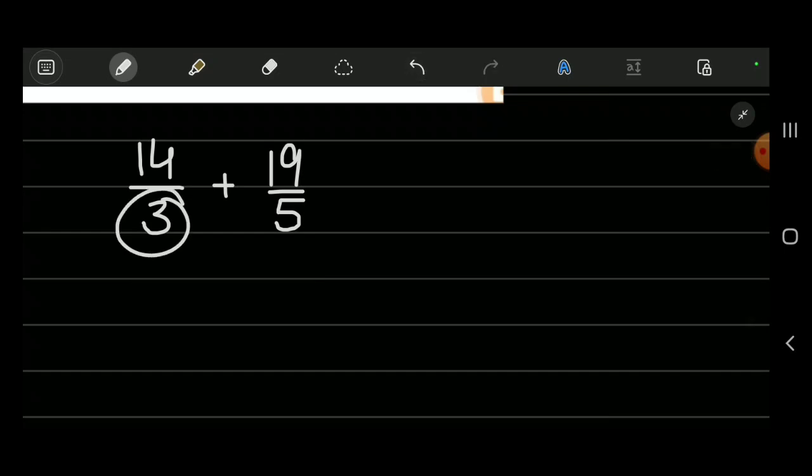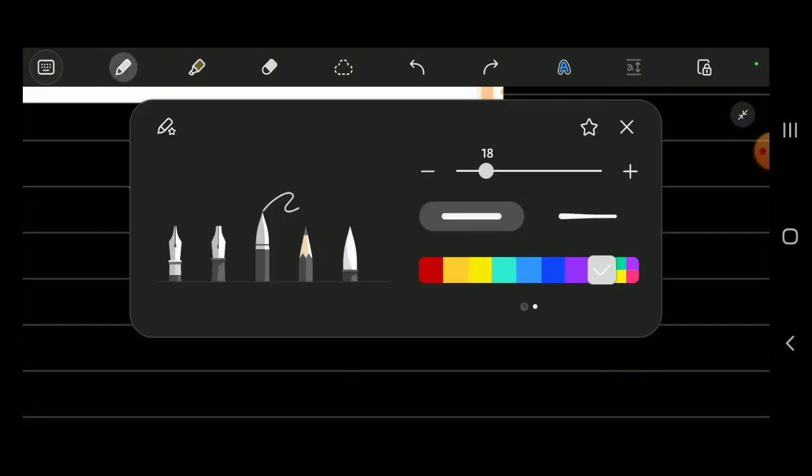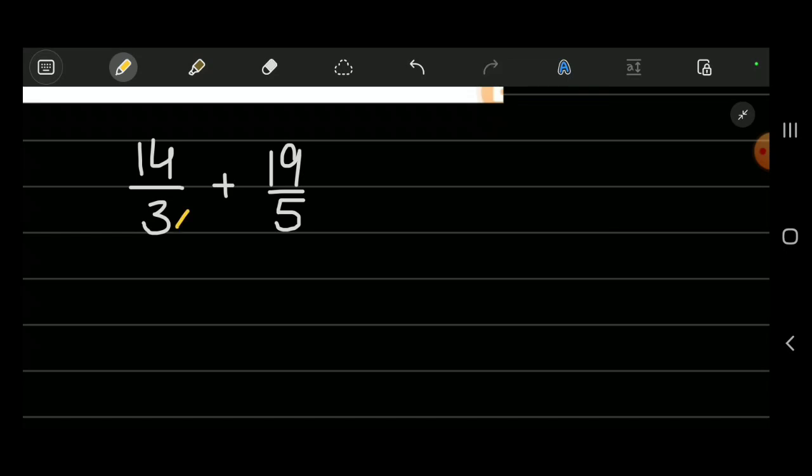They don't have, one is not a multiple of the other, so you will get an LCM, and the LCM for this would be 15. So to get 15, we need to multiply this with 5 and this with 3.